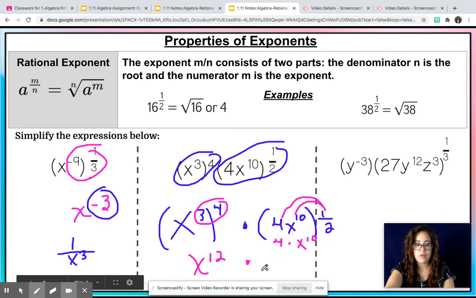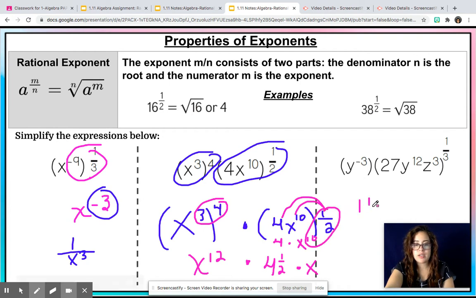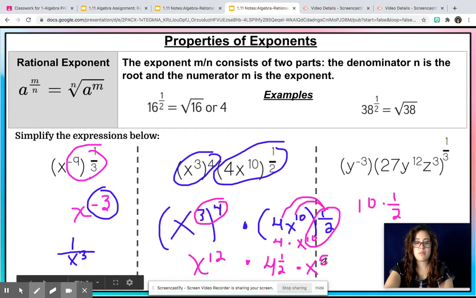So I'm going to write it as 4 raised to the 1/2 times x. Now, a power of a power means to multiply. So I'm going to do 10 times 1/2. Now, I can do this in my head. I know it's 5. But maybe you guys need something to help you.